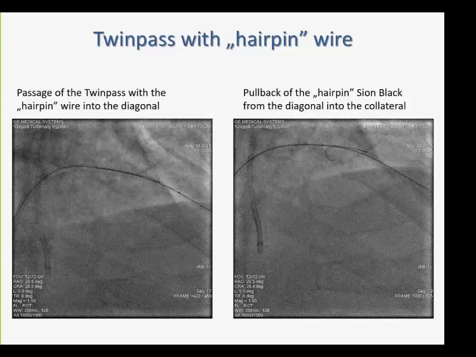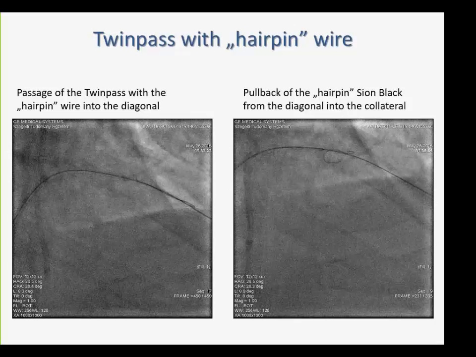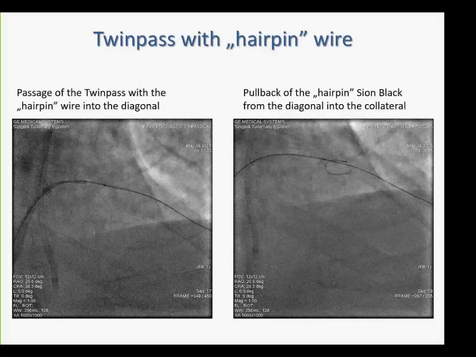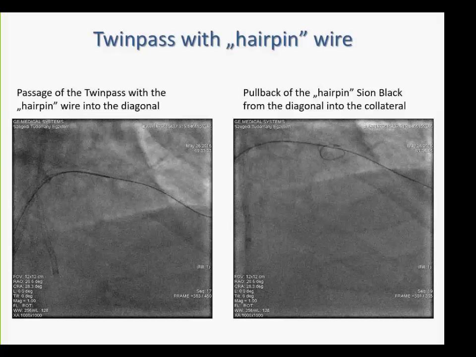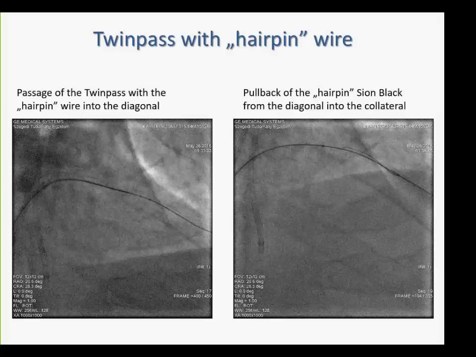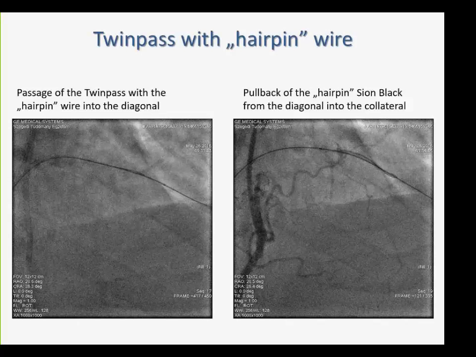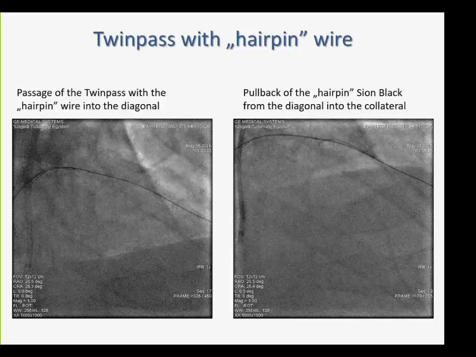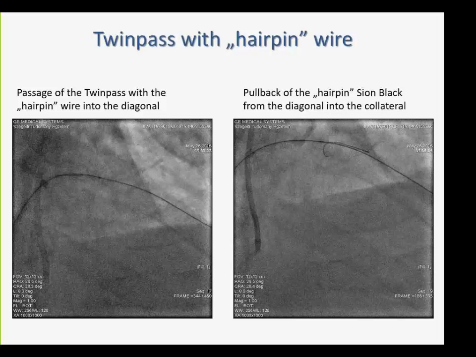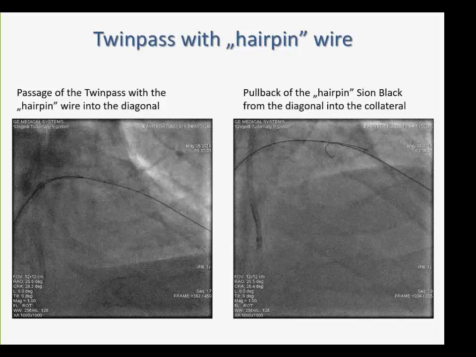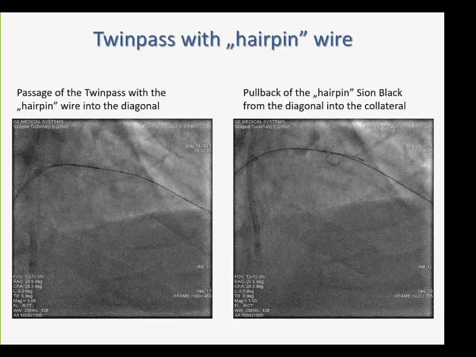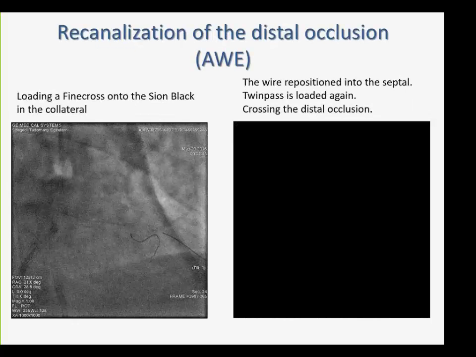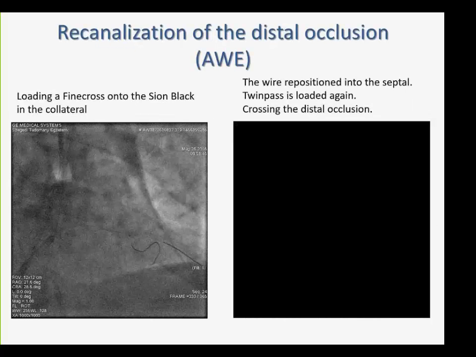It got into the small island of the LAD, or actually not in the main branch, because it was a very short segment, but actually it went into one of the collaterals coming from the right coronary. So that was the situation after using this hairpin and Twin-Pass, and of course it was very far from the final solution.